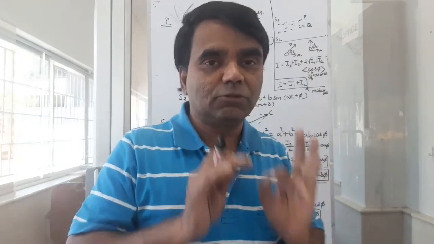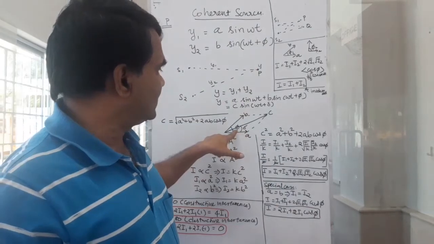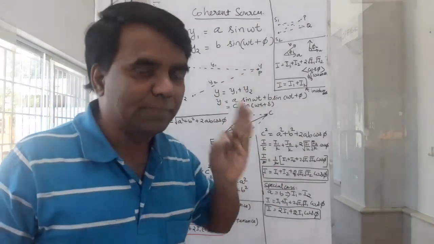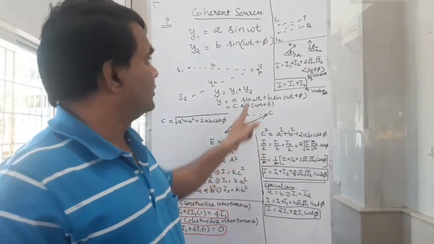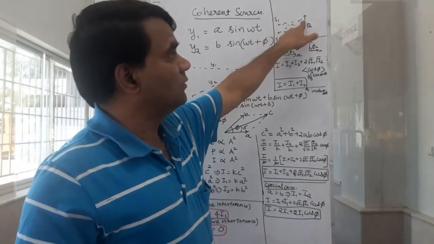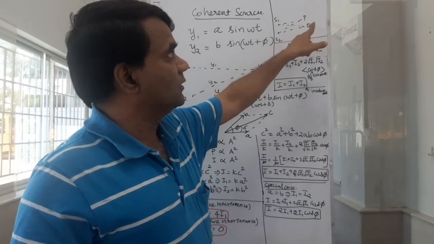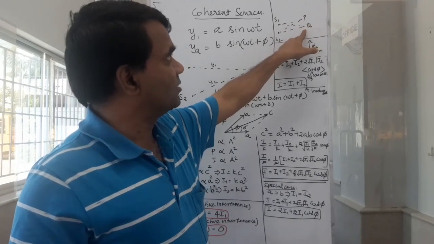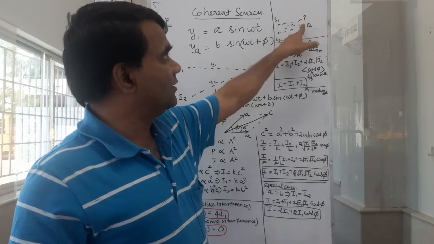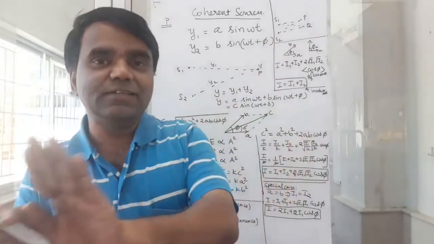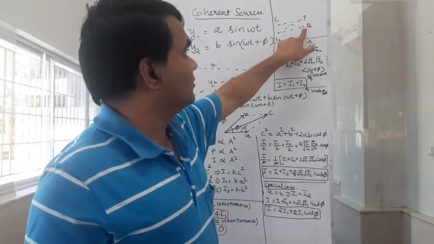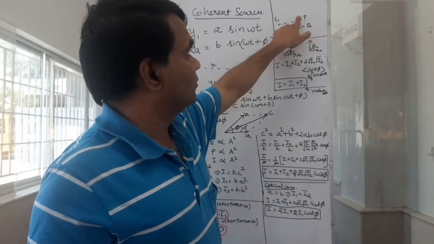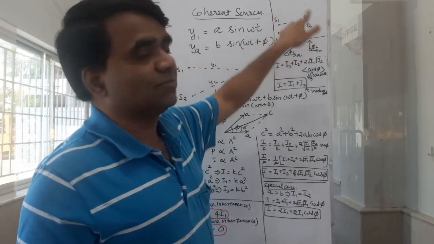For the sources to be coherent, this angle has to be maintained all the time at that particular point. If phi is 0, this will be bright. If phi is 180, this will be dark. And at any angle between them, you will have a varying intensity, from dark to bright along this way.